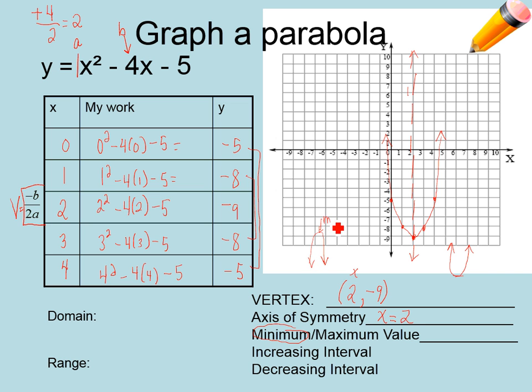Then that would be a maximum point because that would be the maximum height. But in this case, I have a minimum value, and that minimum value is where it touches the y. So if I go over to where it lines up with the y, my minimum value would be negative 9.